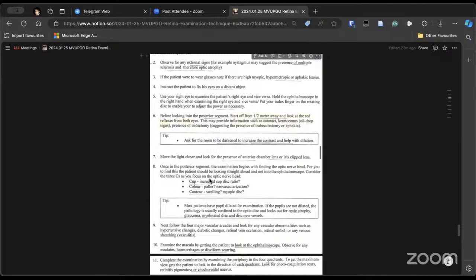So how do you ensure that you are looking at the disc when you are entering? What should be the angle between the patient's visual axis and your ophthalmoscopy light? We should come from a 45-degree angle, and the patient should be looking straight ahead. The patient looks straight ahead. What is the angulation between your light and the patient?